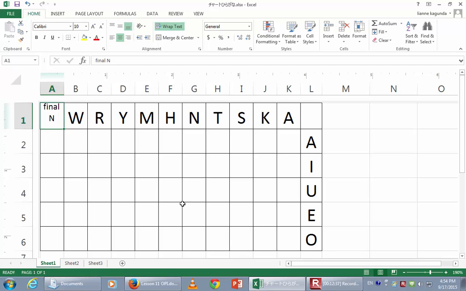If it's going to start with an N sound, it's probably going to be with na, ni, nu, ne, or no, right? Why would they start with N? It's not even pronounceable in Japanese to put N and then something else at the start. There are no words like that.